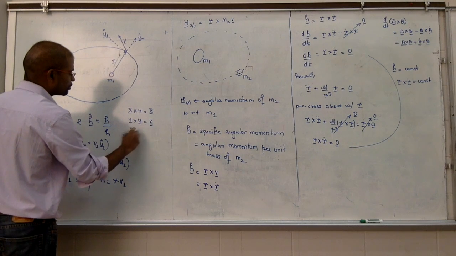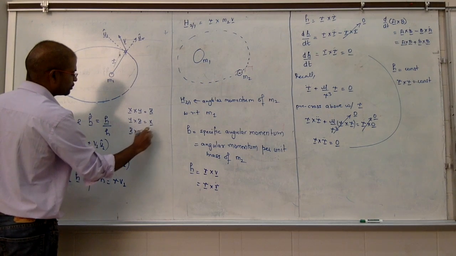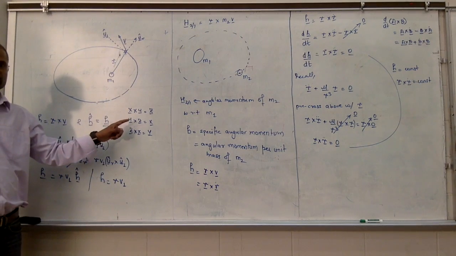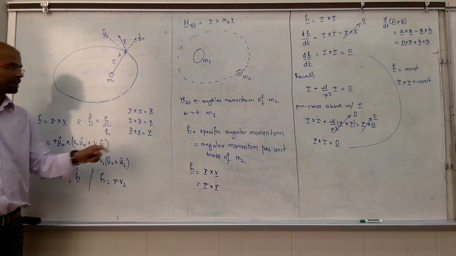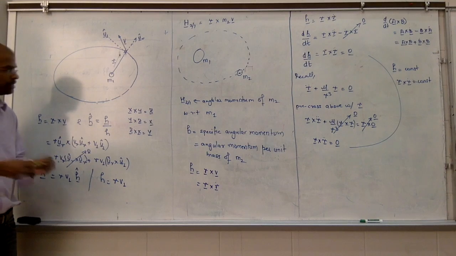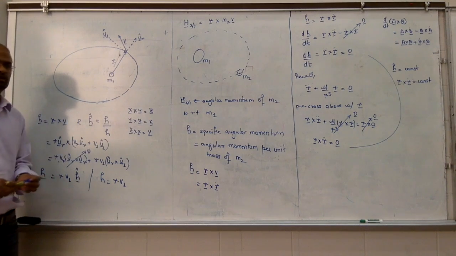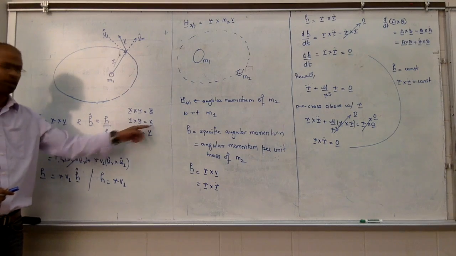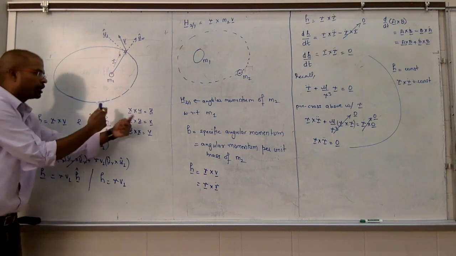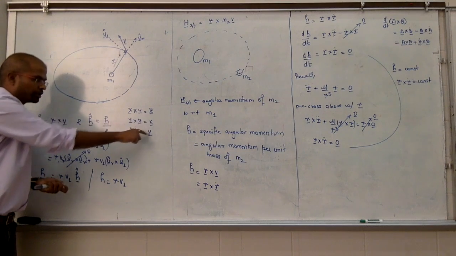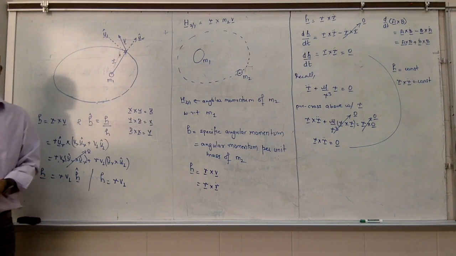And z crossed with x is y. So this has to be cyclic. Cyclically means x went here, y and z shifted. You cannot just rotate this. Again cyclically, y went here, z and x shifted.